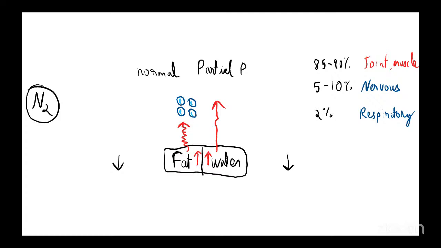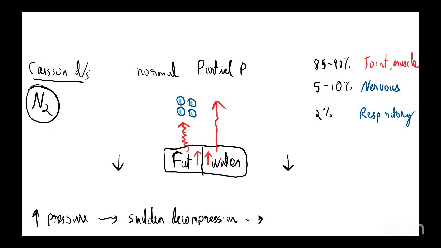Nitrogen at normal partial pressure does not do anything. But in a pressurized chamber, deep sea, it is fully saturated. Now the nitrogen is trying to come out, such a drastic difference, and the percentage is so much higher, 78%. So this is what happens in Caisson's disease.